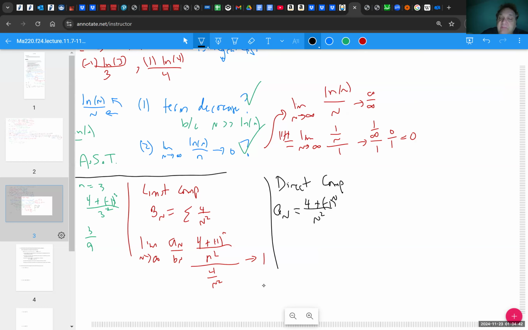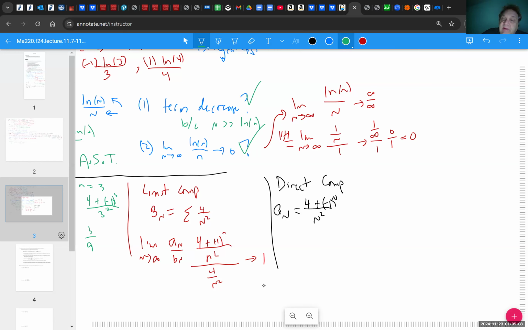So do we think this converges or diverges? Well, the top is just numbers, either 4 plus 1 or 4 minus 1, so the top is a constant. The bottom is n squared, which is definitely going to infinity, and the exponent is bigger than 1. So as a p-series, this is going to converge.